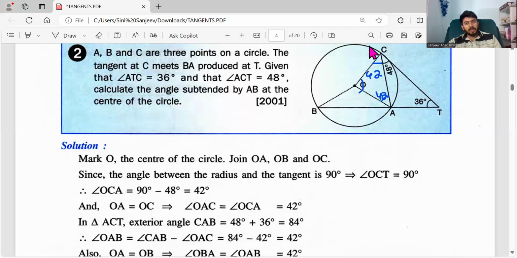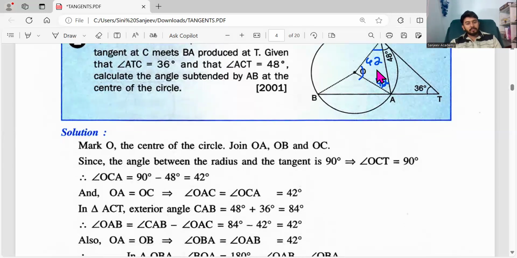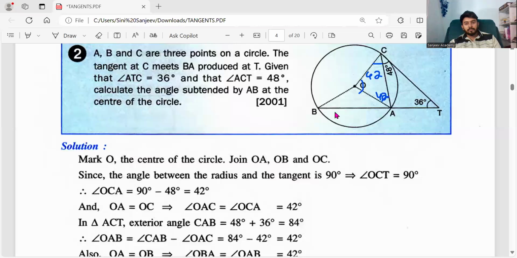I'm getting OCA as 42, so OBA is also what? Just imagine that OB, OA, or OC are all what? Radius. So since we know all our radius.